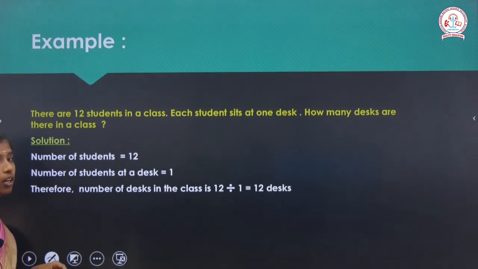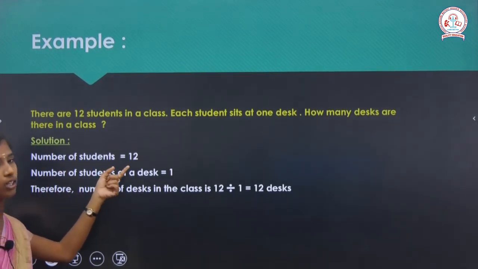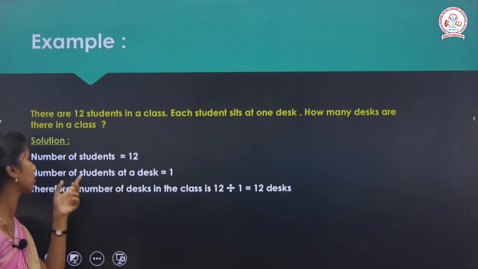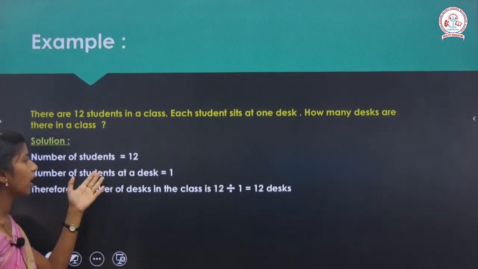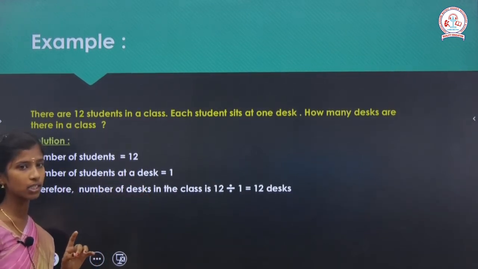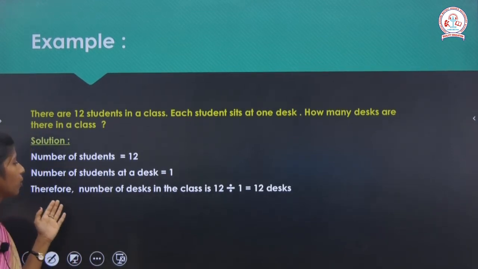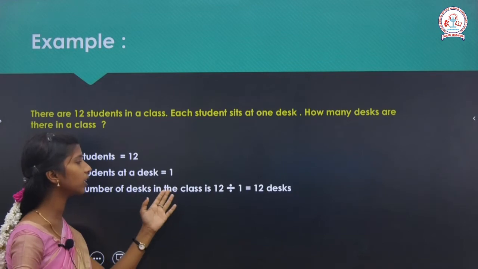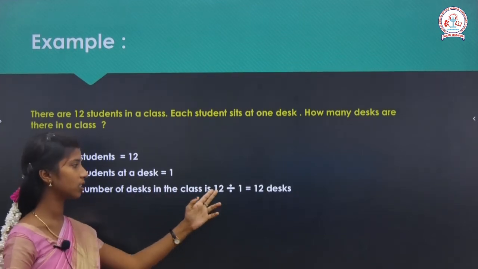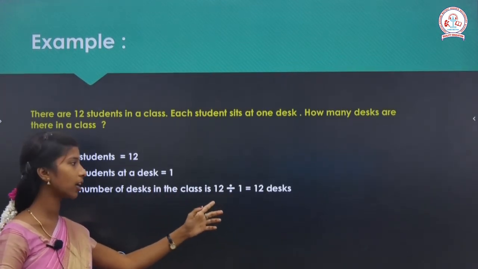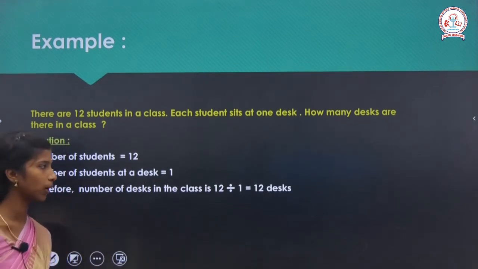So, listen children, number of students is equal to 12. So, number of students at a desk. In one desk, one student can sit. So, therefore, the number of desks in the class is 12 divided by 1. It can also be done by the long division method.